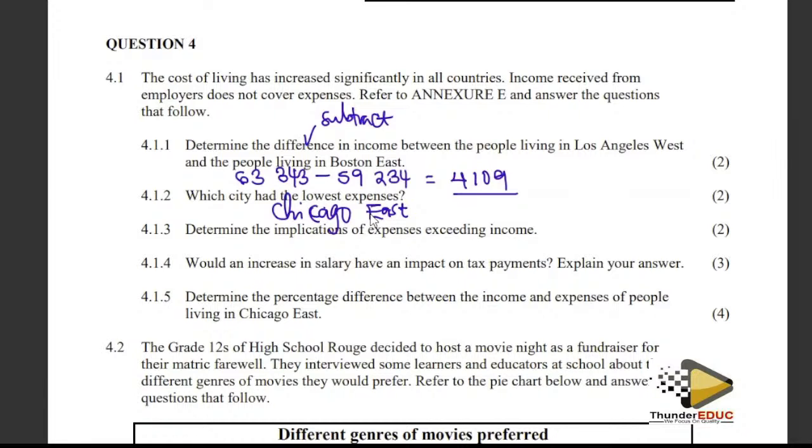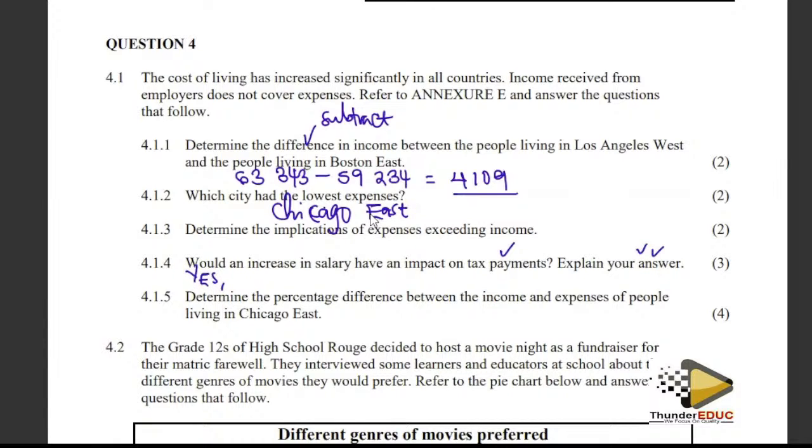Would an increase in salary have an impact on the taxpayers? Explain your answer. So here they're asking you, would an increase in salary have an impact? So you have to first answer this. Afterwards, you give us the reason why. So here we say yes.